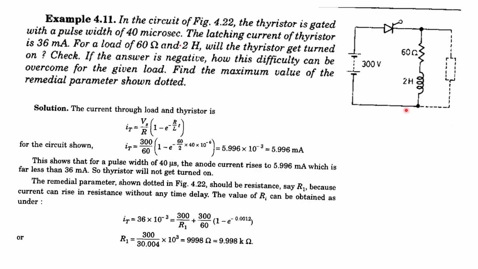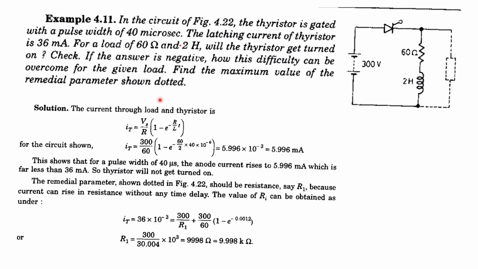So what happens when you add an additional parameter? In this figure the remedial parameter will be a resistance, let's say resistance R1, because current can rise in a resistance without any time delay. The value of R1 can be obtained as i(t) equal to 36 into 10 to the power minus 3.